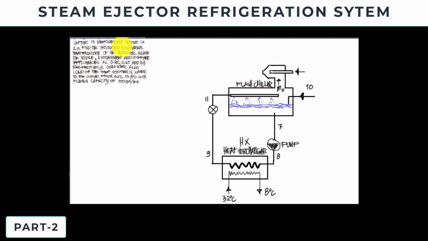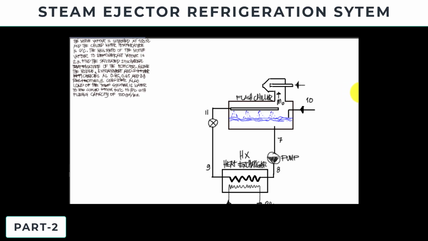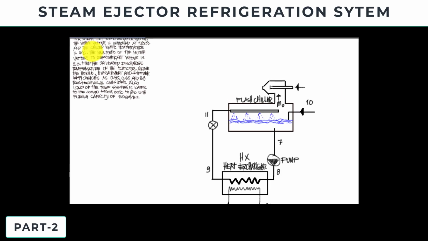The problem says we have the mass ratio of the motive vapor to refrigerant vapor, which is 2.5, in kilograms per second.